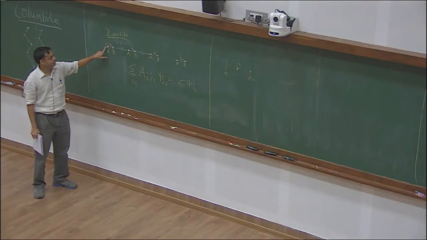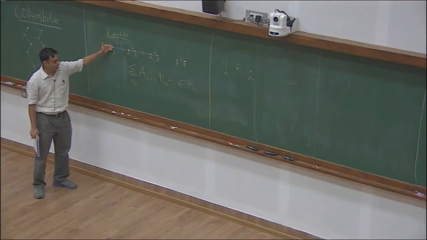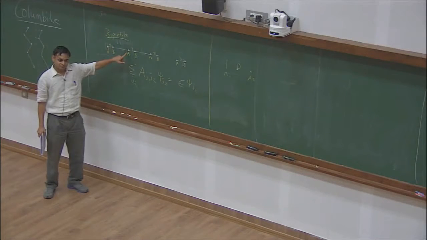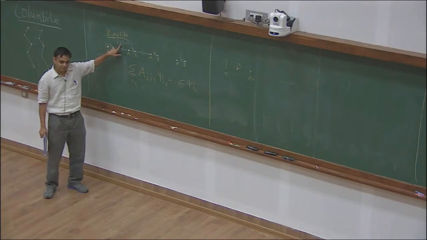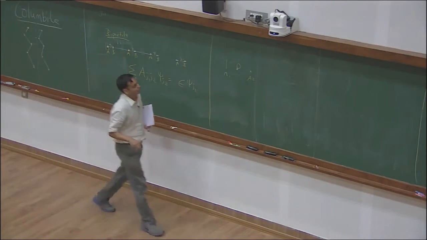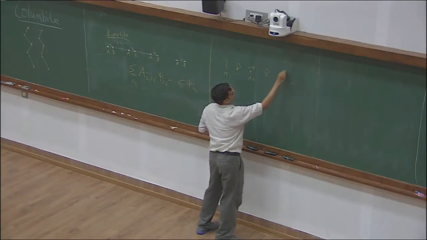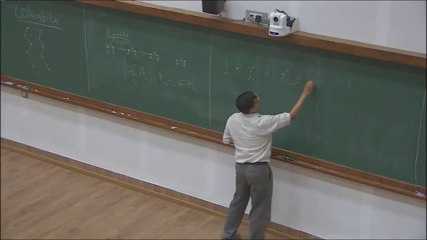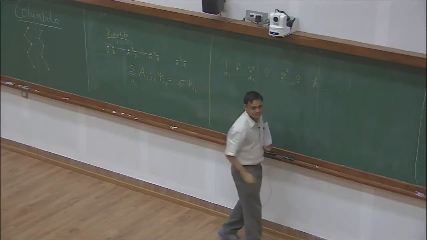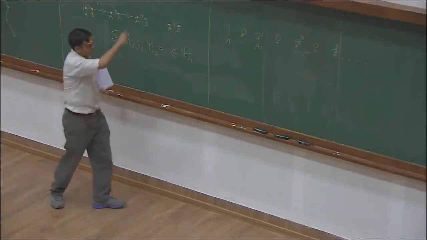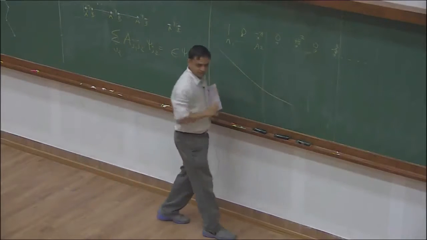It has a flux of 1 times G coming from there, which must get cancelled by the flux from here. But this bond is 1. This becomes minus G. So 1, minus G, 0, plus G square, 0, minus G cube, and so on. And since G by assumption is less than 1, it's small, this is a nicely decaying wave function.